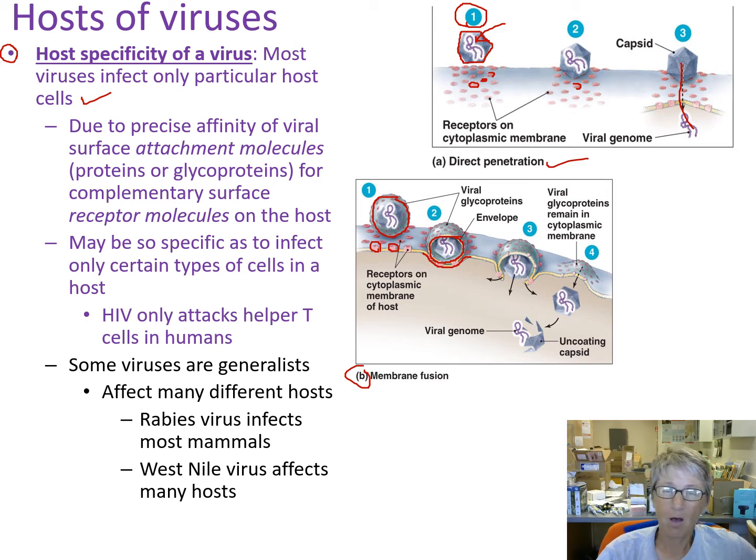Because remember, the envelope of the virus is a phospholipid bilayer. The membrane of the host cell is a phospholipid bilayer, so you can get fusion between those two phospholipid bilayers. And then the virus, this purple thing, the viral nucleic acid, is free to get inside the cell.